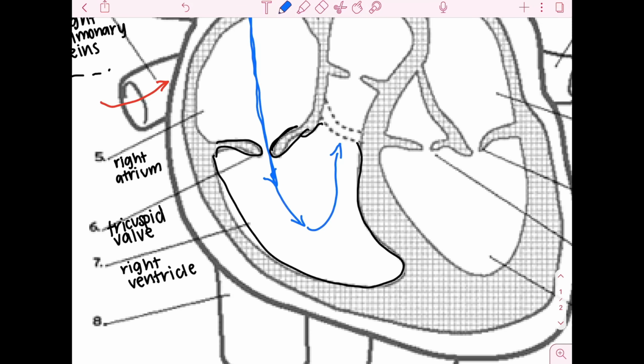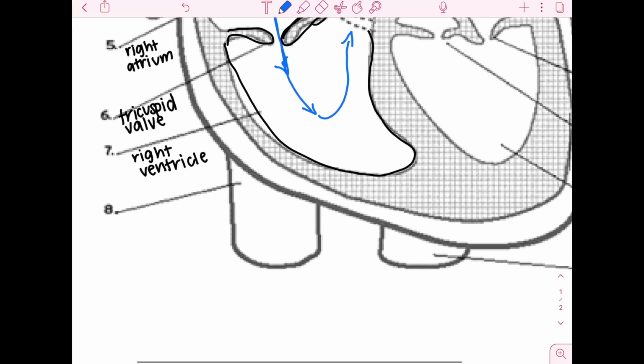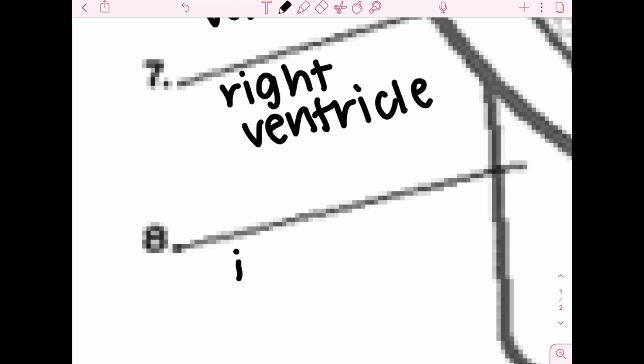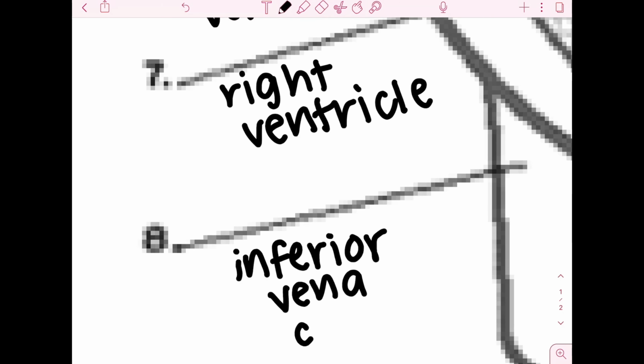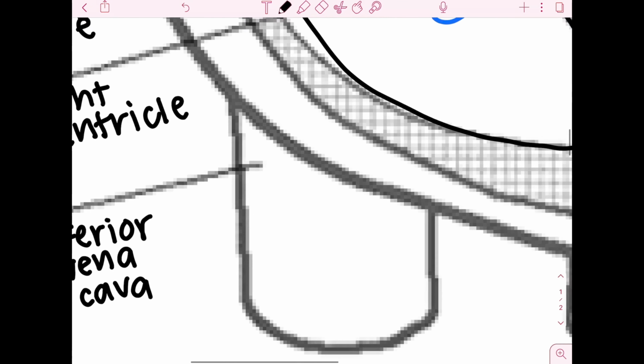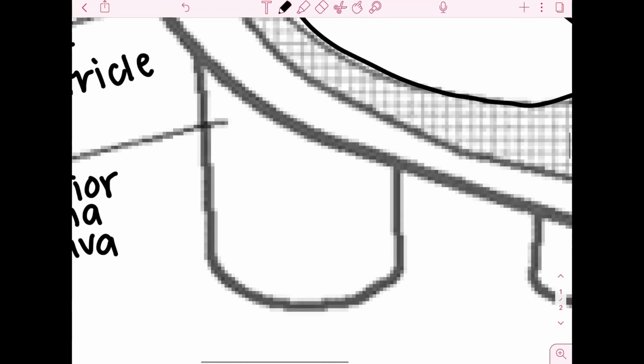So next, our 8th part, we have the inferior vena cava. So I'm going to write that down right here. Inferior vena cava. Okay, so just like the superior vena cava, this vein that we're looking at right here brings deoxygenated blood to our heart so that the blood can be replenished.